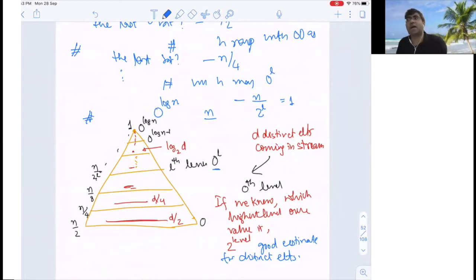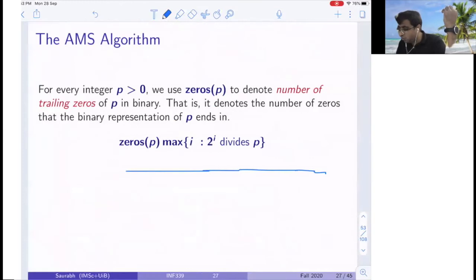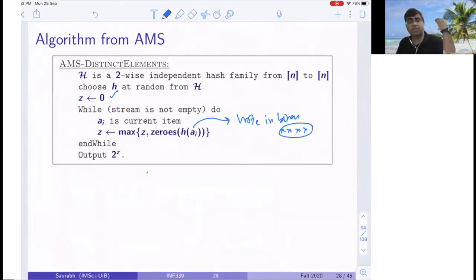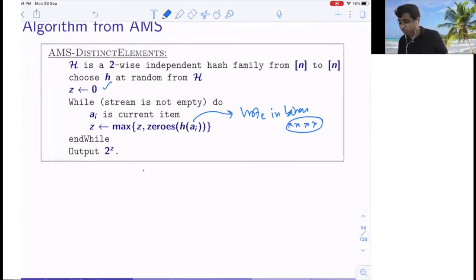So if we knew the highest level, then 2 power that level should be a good estimate for the number of distinct elements. And this was an idea of Alon, Matias, and Szegedy. Okay? So any questions with respect to the algorithm itself?